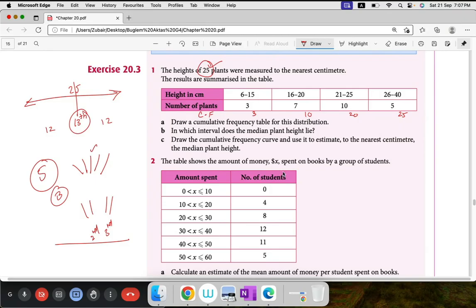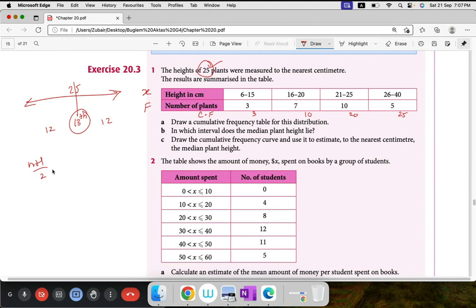We have to work out the median. Suppose there are 25 total students, so the 13th student is the middle student. But what was his height? That is actually the answer. This is X, this is F. The answer is always X, not the frequency. There's one more formula for this: n plus 1 by 2.